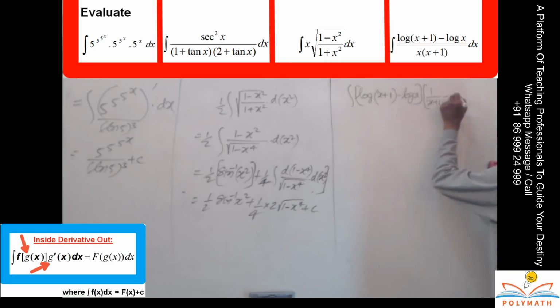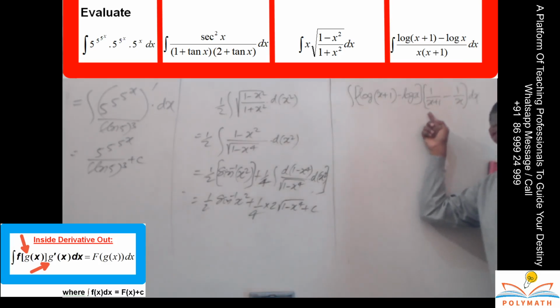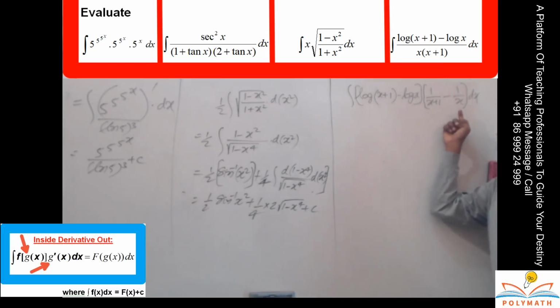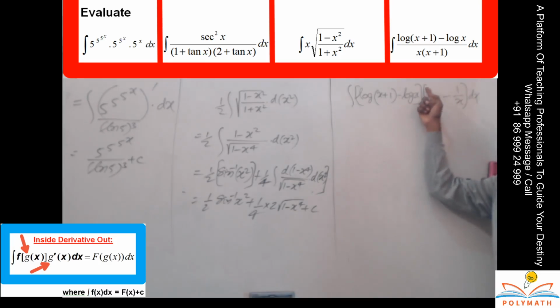What is the derivative of log x? 1 by x, dx. Take the LCM here: x into x plus 1 in the denominator. Just see that. In the numerator, x minus x minus 1. Minus 1 remains, so put a minus out.